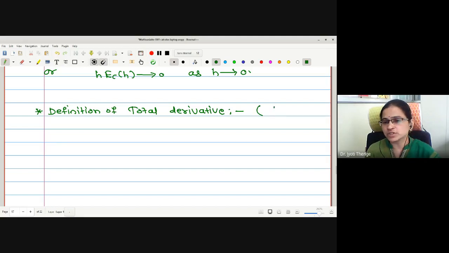For which type of functions? Functions of R^n to R^m type.